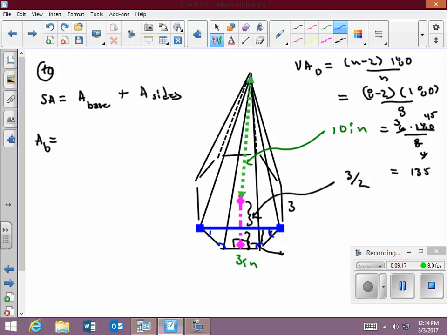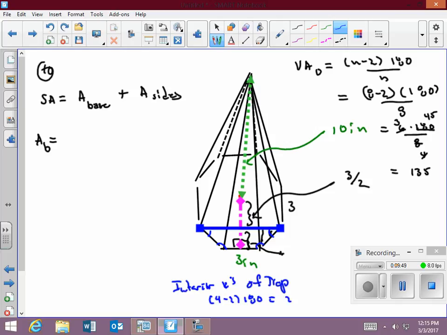The interior angles of the trapezoid sum to (4 minus 2) times 180.